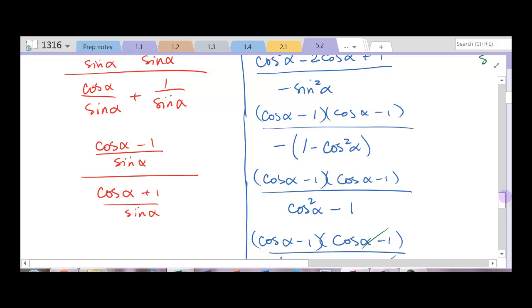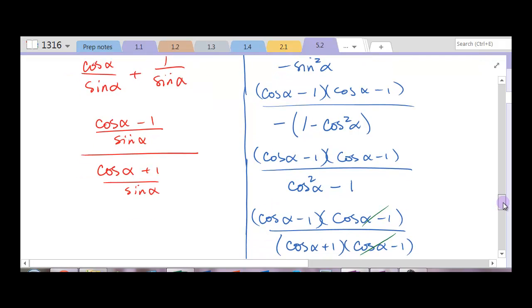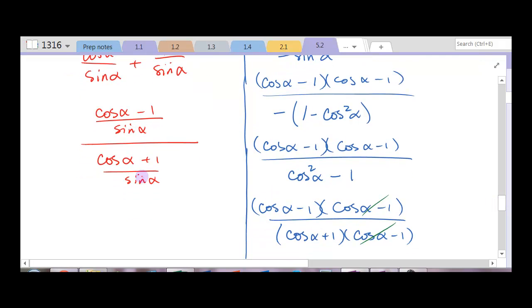That's pretty close to what I eventually want to get this turned into, but I have these sines in each of these two denominators that are causing me trouble. So what I'm going to do is multiply both the numerator and the denominator by sine alpha, then this sine cancels with that denominator, and this sine cancels with that denominator.